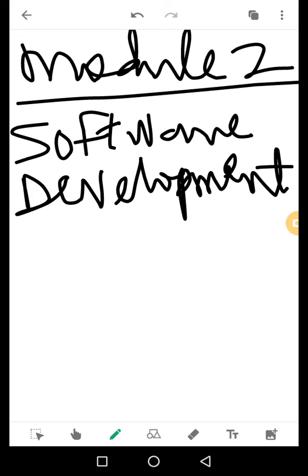Then during testing, it might be that some bugs were not detected. So at the maintenance stage, there will be fixing of those bugs. When we say bugs, we mean errors. There will be fixing of those errors at the maintenance and bug fixing stage. Are you getting it now?